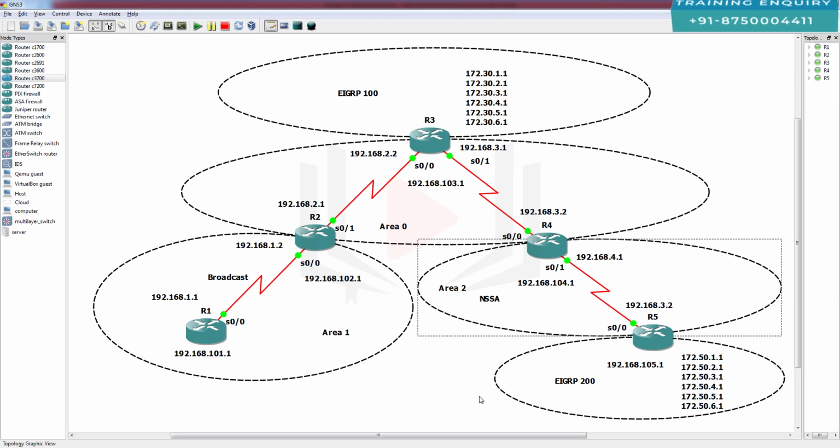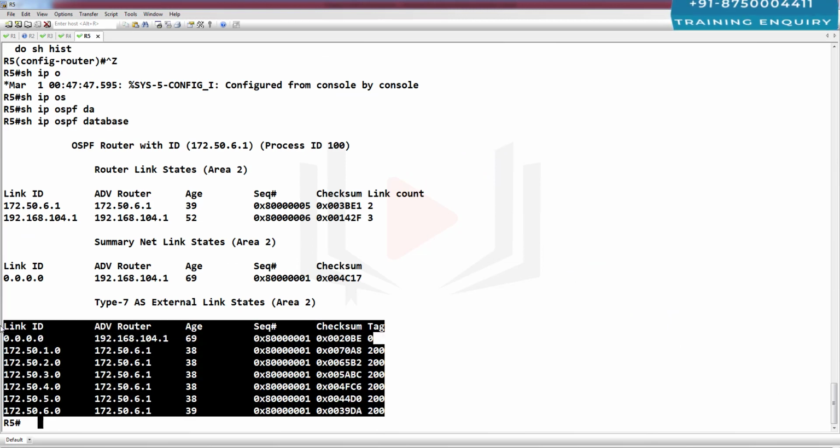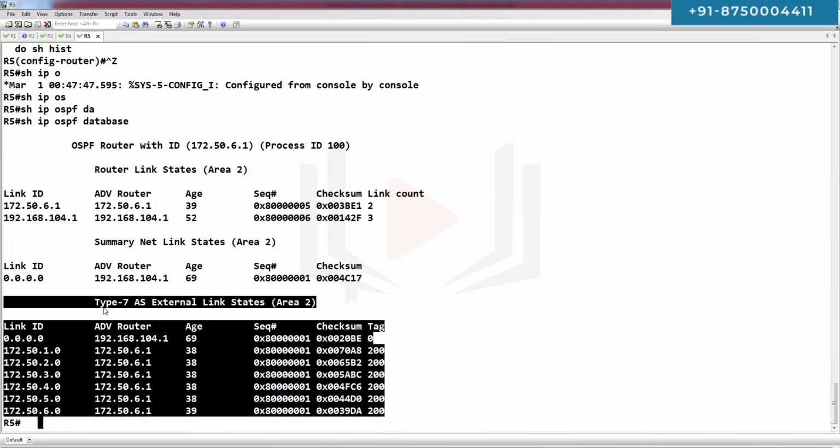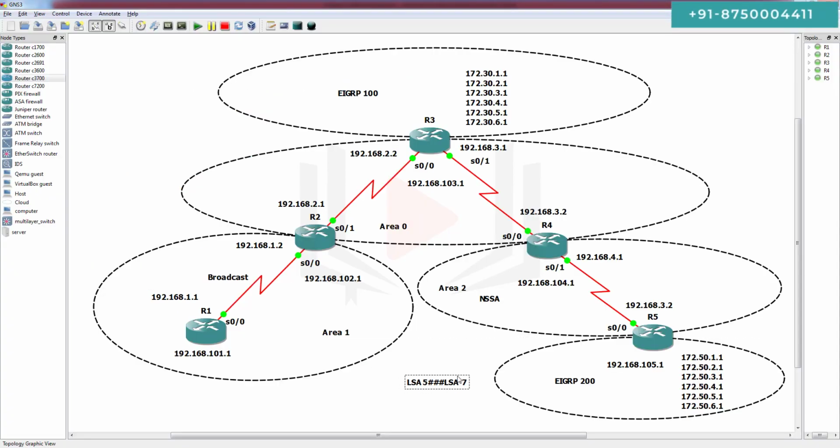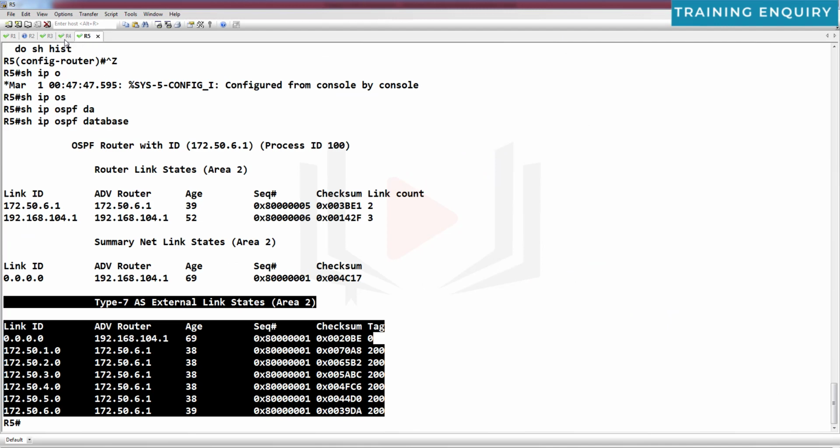So what will happen here? LSA 5 will be hidden into LSA 7. You can see here this 50 series is type 7, LSA 7. This LSA 7 will be offered to R4.